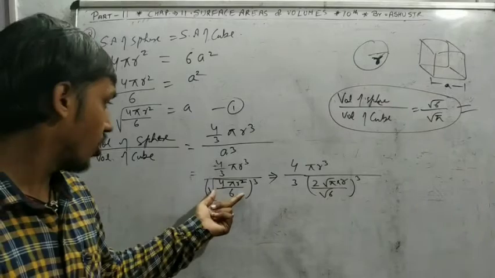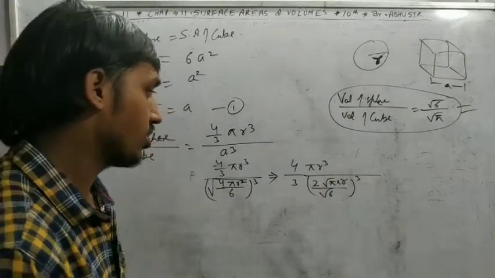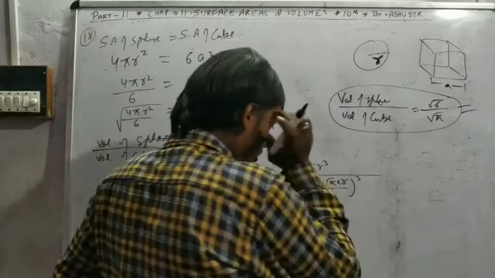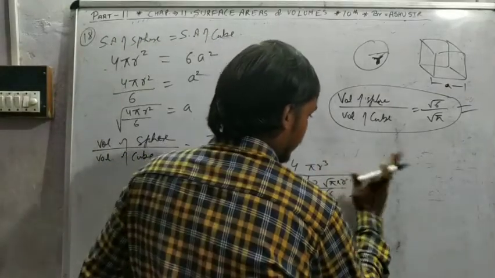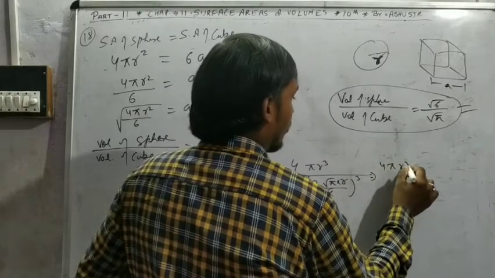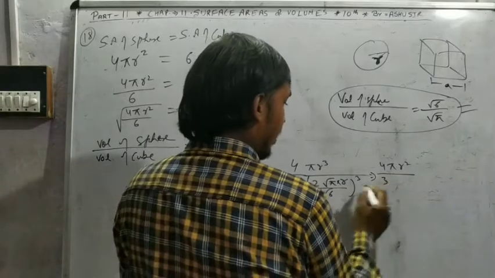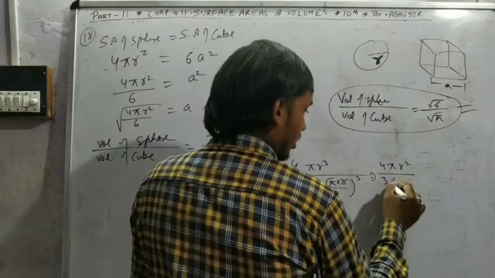Only the root can be solved. You can say 2 root pi r upon root 6. Nothing is cancelled out. Then 4 pi r cube upon 3 is same as 2 power 3, this is 8.